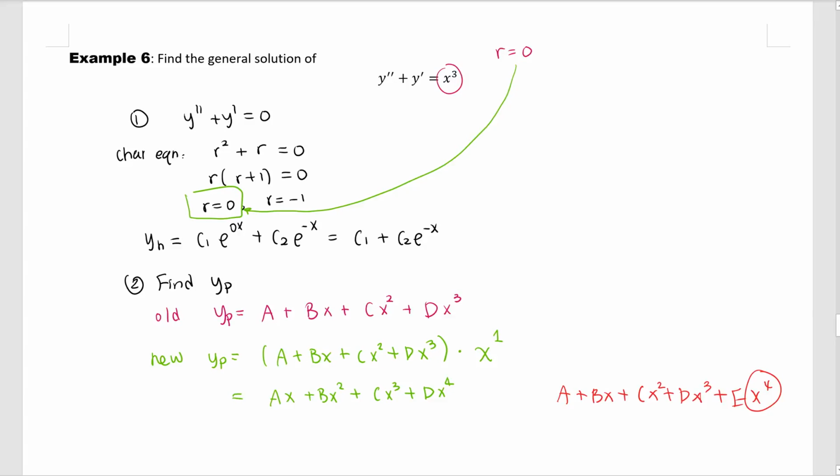No, if you do it like this, you're going to have 5 constants, 5 unknowns we need to solve. But when you multiply the old setup by the x, you still have 4 constants. Okay, 4 unknowns, A, B, C, D. So that's why don't do this, because if you set it up like this, you will realize when you compare the like terms, there are only 4 like terms to compare. You don't have enough equations to solve the extra unknown. Okay, so don't do this.